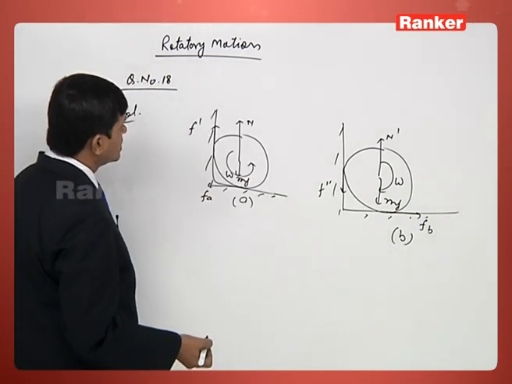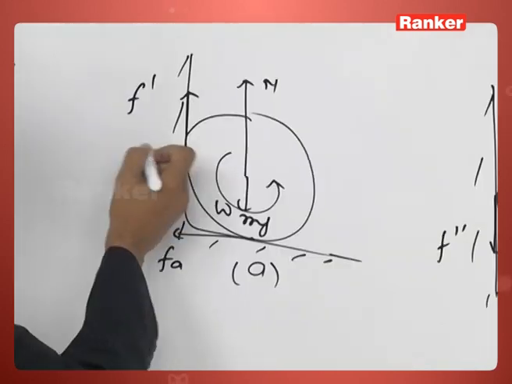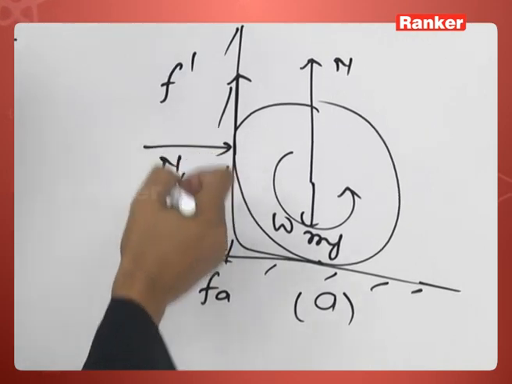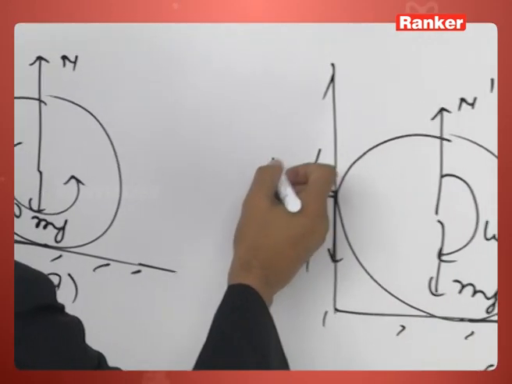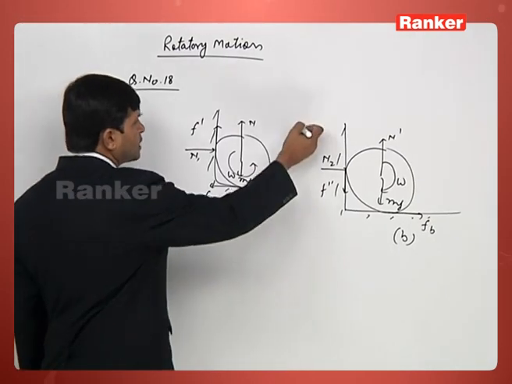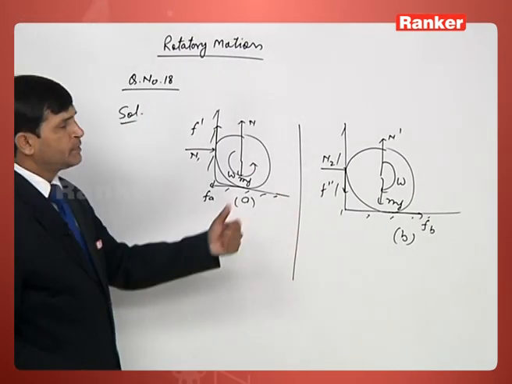So first, when we talk about the friction force value, from this side one normal force N1, and from this side another normal force N2. Now see the equations for A and B separately.